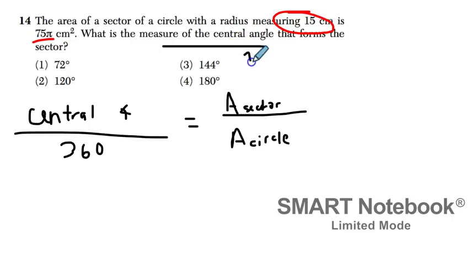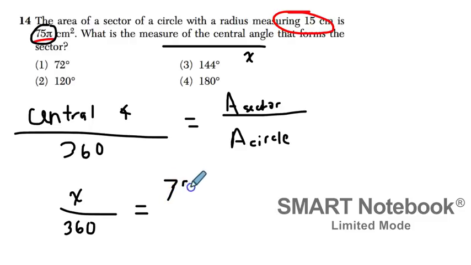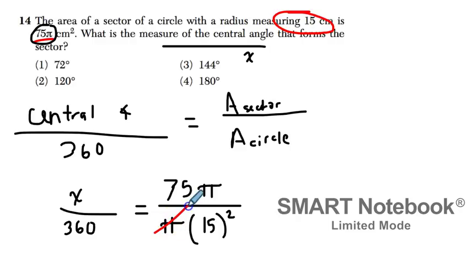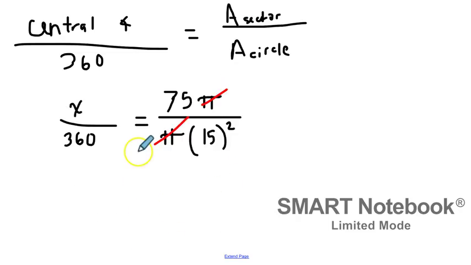We're looking for the central angle, that's x, so I've got x over 360 is equal to the area of the sector they tell me is 75 pi. I got 75 pi, and the area of a circle, according to my formula sheet, is pi r squared. So I've got pi times the radius, which is 15 squared. To make this simpler, I have pi in the numerator and denominator, I'll cancel it. 15 squared is 225, I'll just rewrite that.